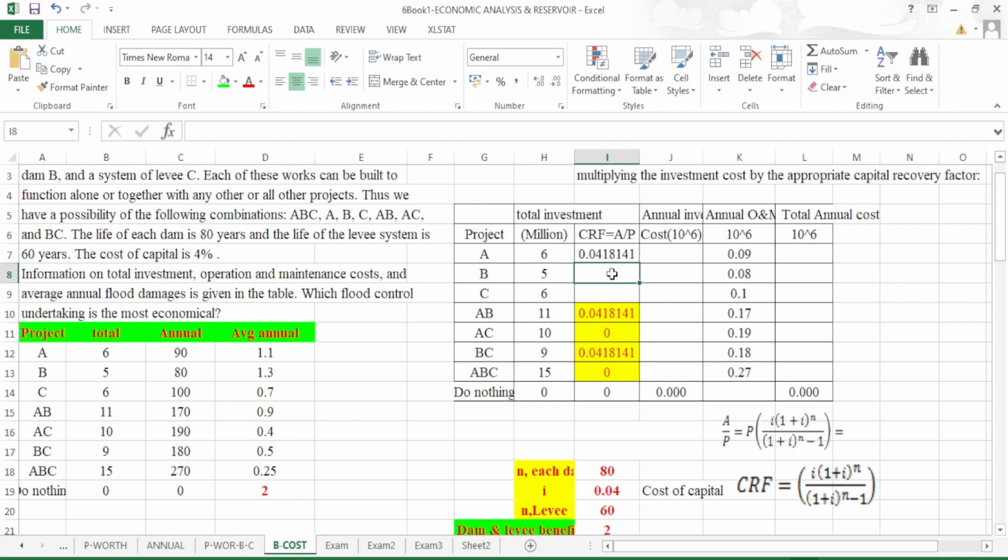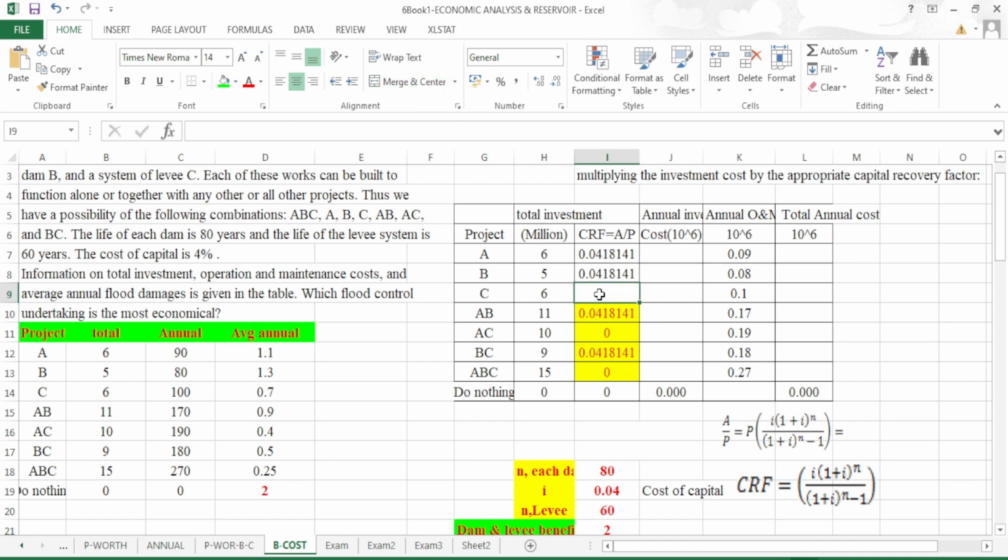For project B, we have to press the equal sign. Then you take the capital recovery factor of project A directly. The interest rate and the service life of projects A and B are equal, so you can take it here.